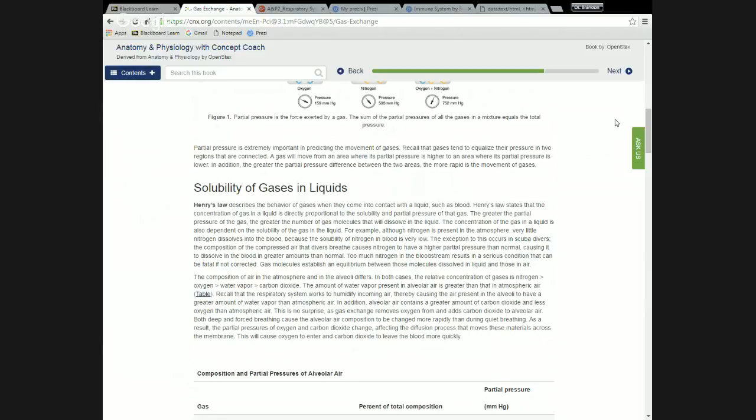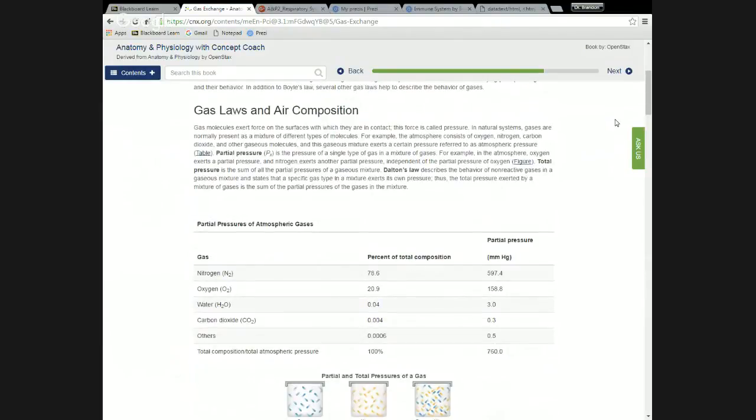And then outside, in the air we breathe, the partial pressure of carbon dioxide is 0.3 millimeters of mercury. So when you open up that bottle of Coke, carbon dioxide will rush out of the bottle.